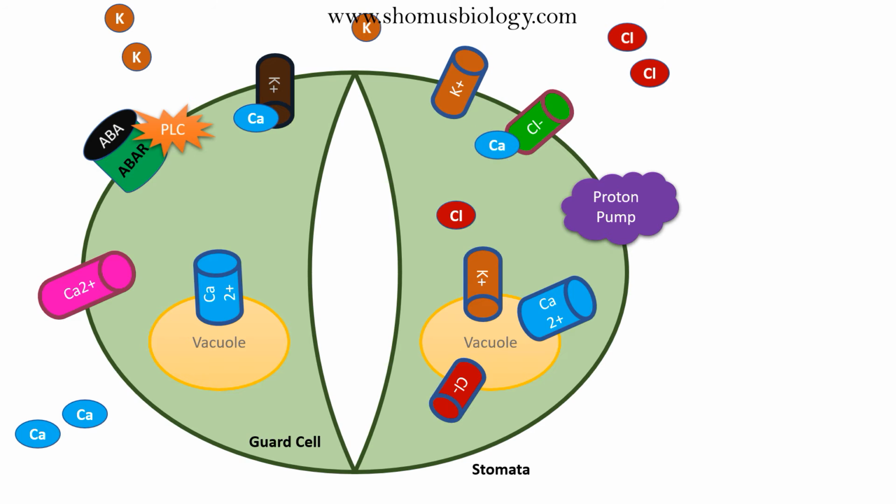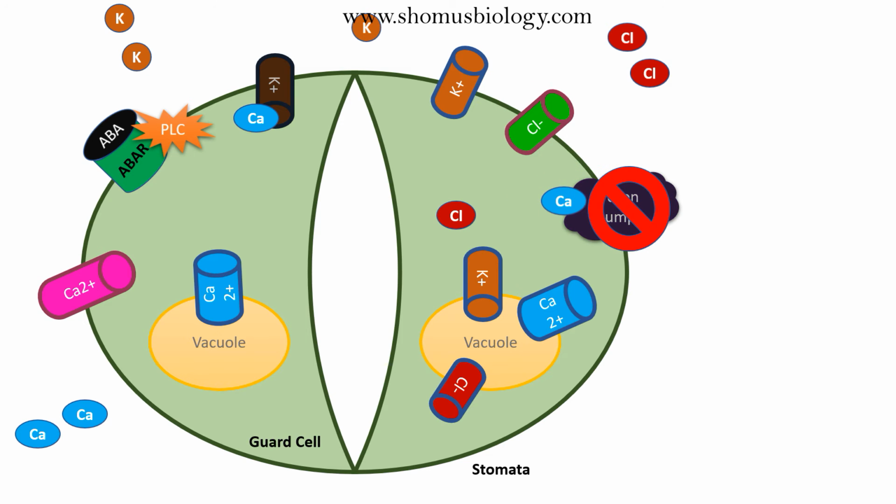This calcium also interacts with the proton pump and inhibits the function of the proton pump. As a result, the protons cannot be pumped out, so there is a high concentration of H+ building up in the guard cell, making the guard cell inside ambience acidic and outside alkaline.